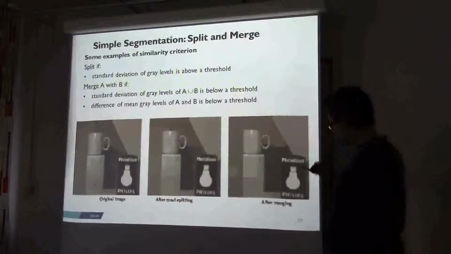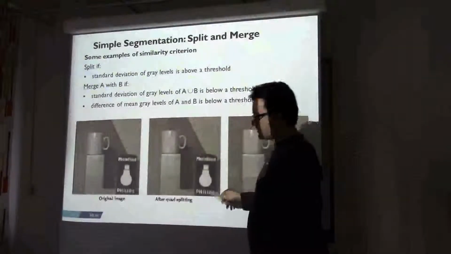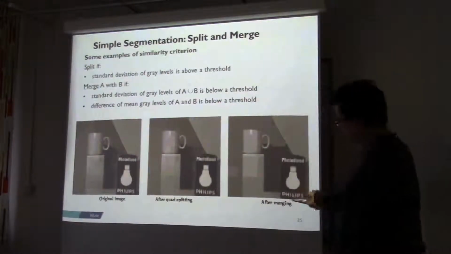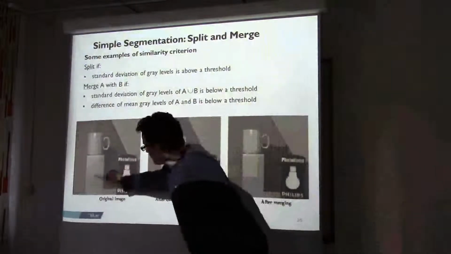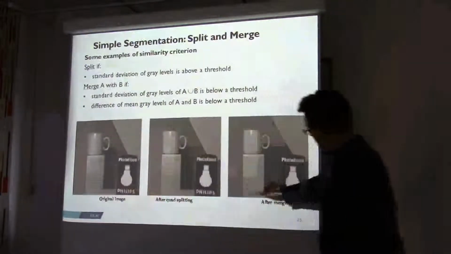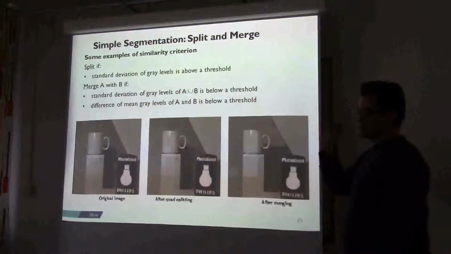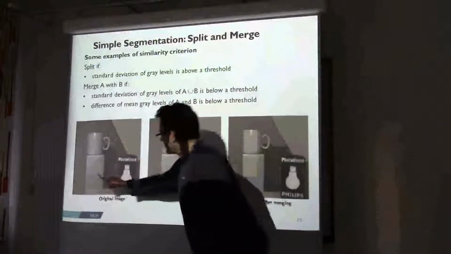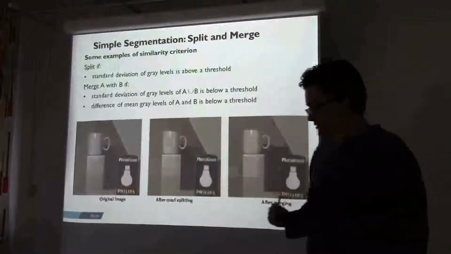The letters here are well segmented because they are clearly distinguishable from this black region of the box. Here you have more problems. So it also depends on the minimum size that you define.